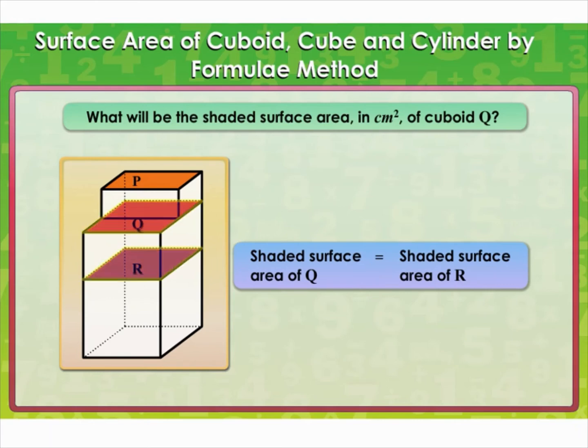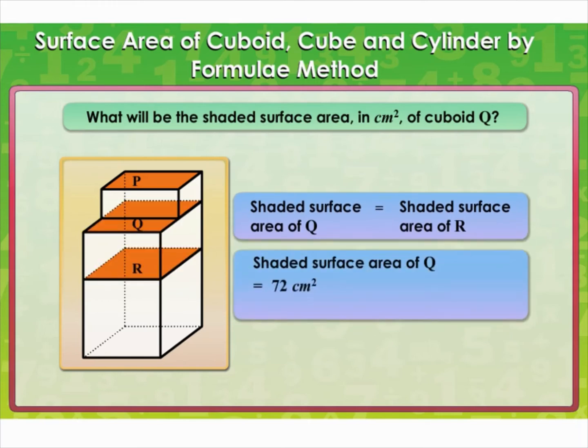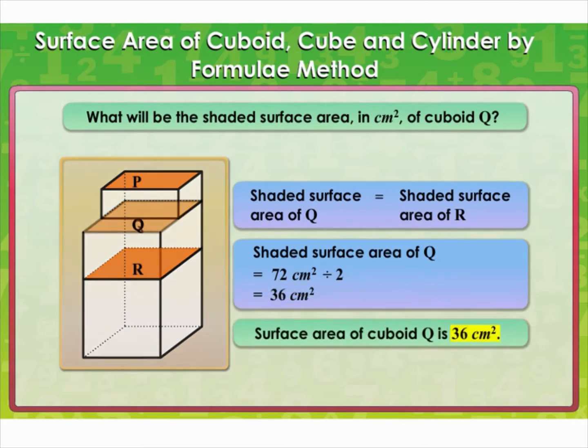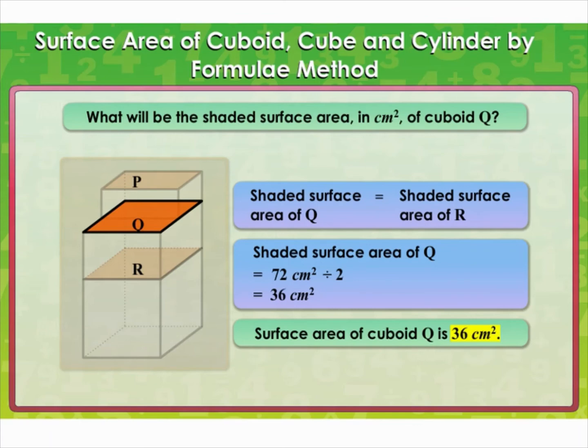Yes. Therefore, the surface area of the cuboid Q and R are equivalent. So divide 72 square centimeters by 2, we get 36 square centimeters. So the surface area of cuboid Q is 36 square centimeters.